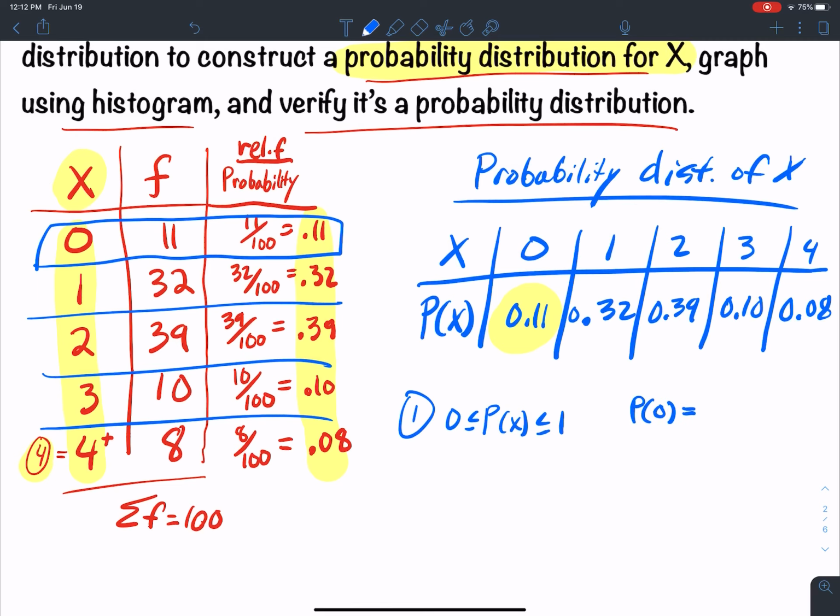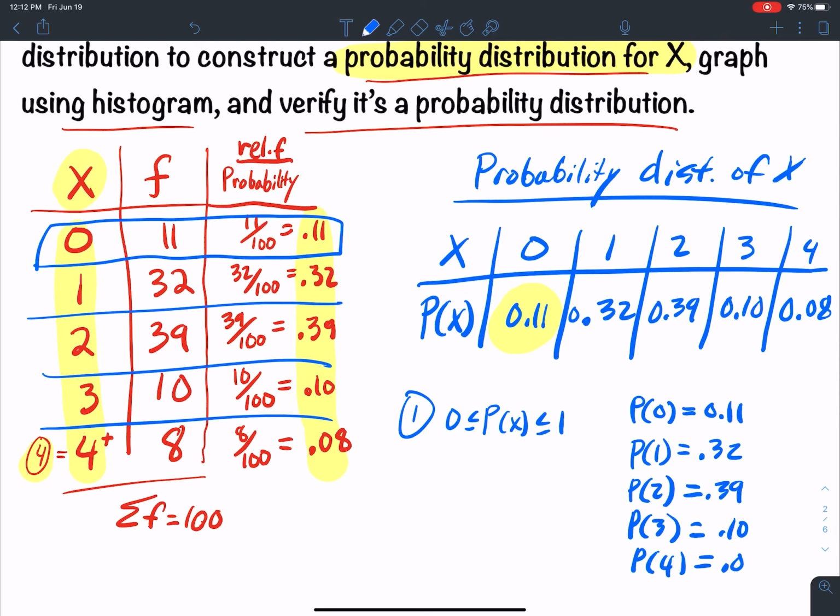P(0) is equal to 0.11. Probability of having no children is 0.11. Probability of having one kid is 0.32. Probability of having two kids is 0.39. Probability of having 3 kids is 0.10. And the probability of having 4 kids or more is 0.08.